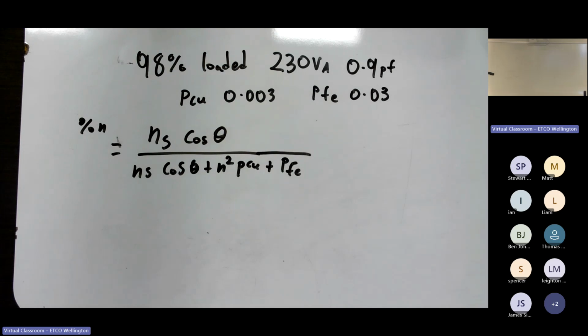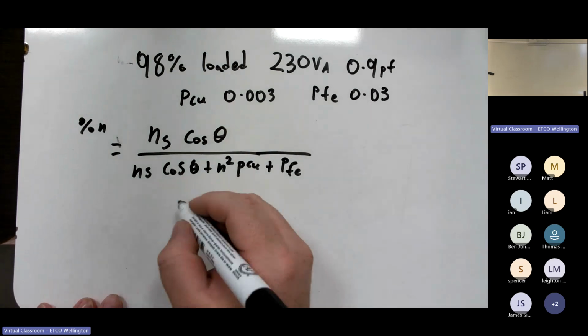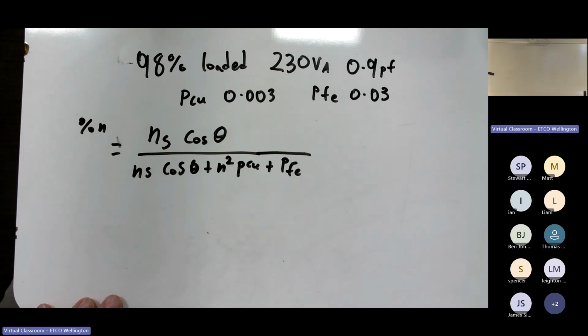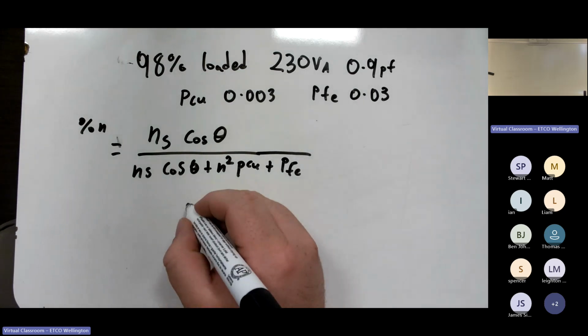Cool. So let's write it out. I know my N is the load being applied as a percentage, so I know it's 98%.